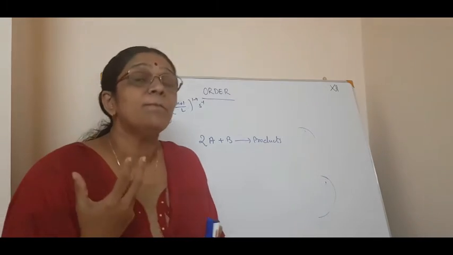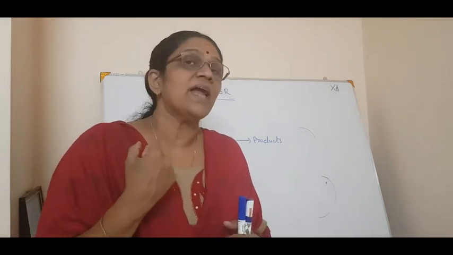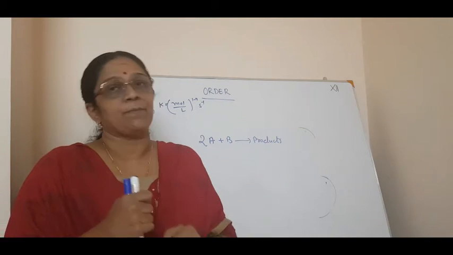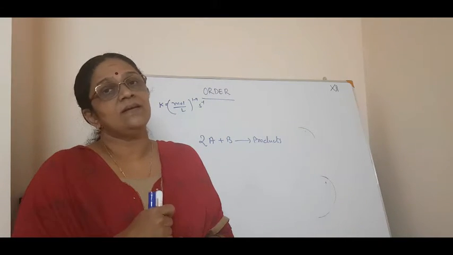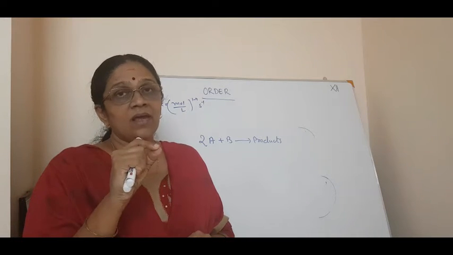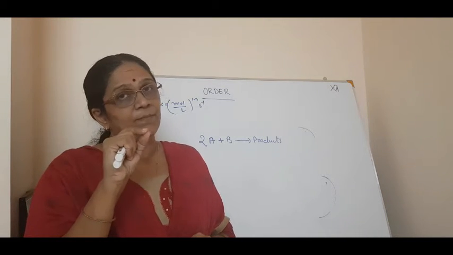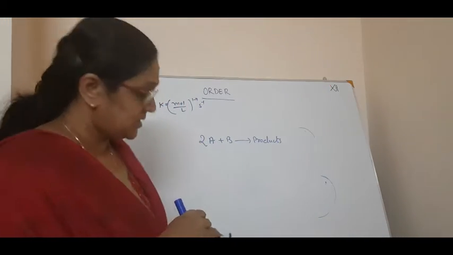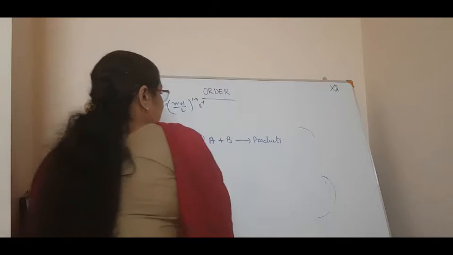Now what is a simple reaction? A simple reaction is a reaction which takes place in a single step. Listen, a reaction which happens in a single step is called an elementary reaction. This is important. So what is an elementary reaction?